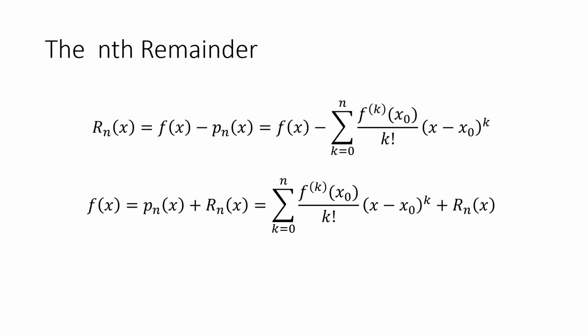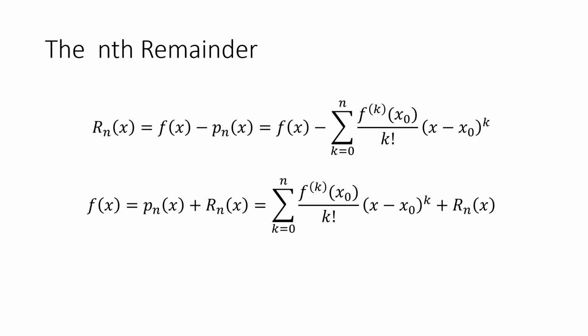This can also be written as f of x is equal to p sub n of x plus r sub n of x, which is the summation of the kth derivative of f at x sub 0 over k factorial times the quantity x minus x sub 0 raised to k, from 0 to n, plus r sub n of x.